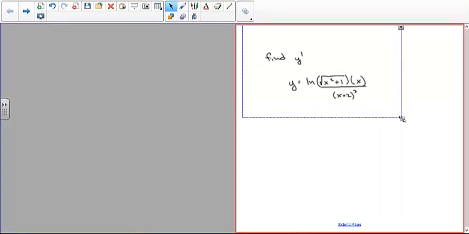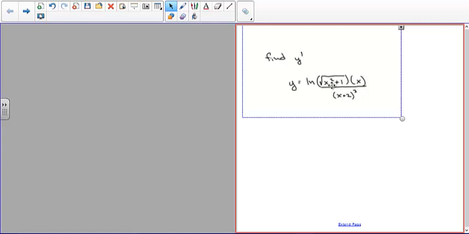So what you want to first do is to rewrite this as 3 terms instead of 1 term. The logarithm of a product of two terms is the same as the addition of the 2 terms separately, and if you have something in the denominator, you subtract that.